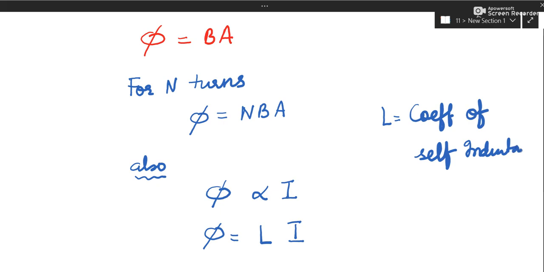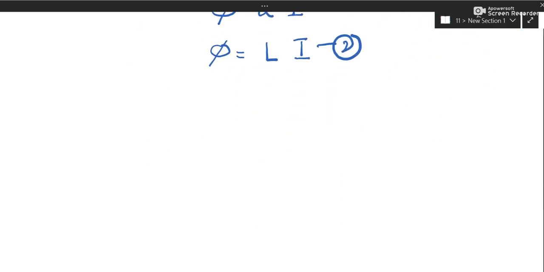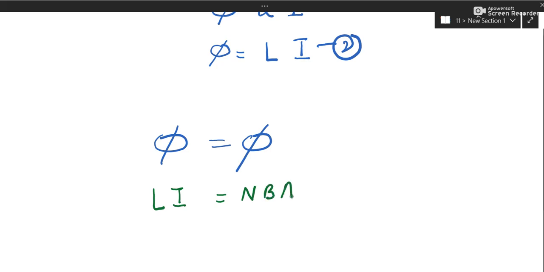So we have got two formulas of flux, this and this. We can put them equal. So phi is equal to phi. So this is equal to Li, and the other formula is equal to NBA.